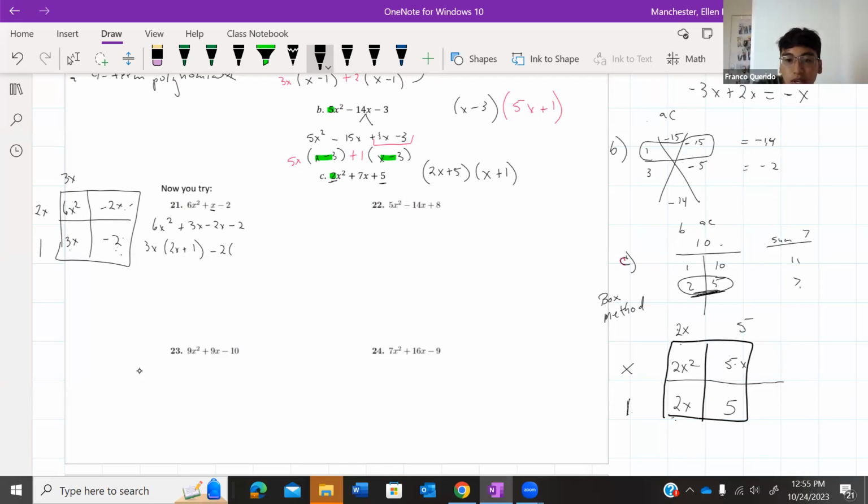You would multiply a 2x and an x. Then what would you multiply together to get 5x? You would multiply a 5 and an x. So when you do it on that number 21, what would you multiply 2x by to get negative 2x? A negative 1. Right? It would be a negative 1. Gotcha. Okay, I see where you're looking.